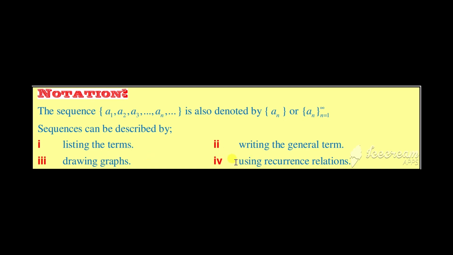Also, we can express it by using a recurrence relation. By using a recurrence relation, we can express or describe this listing of terms of a given sequence. Let us see an example for each of them.